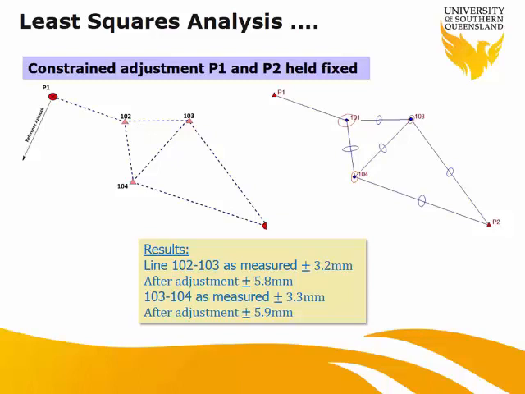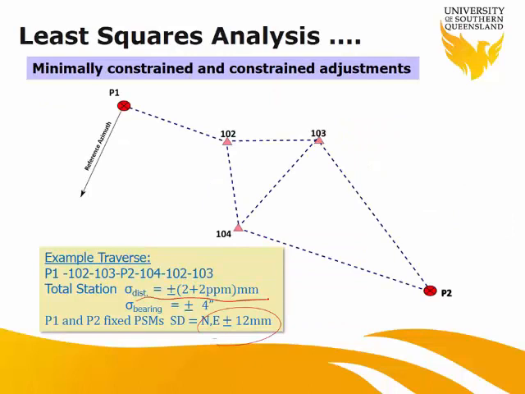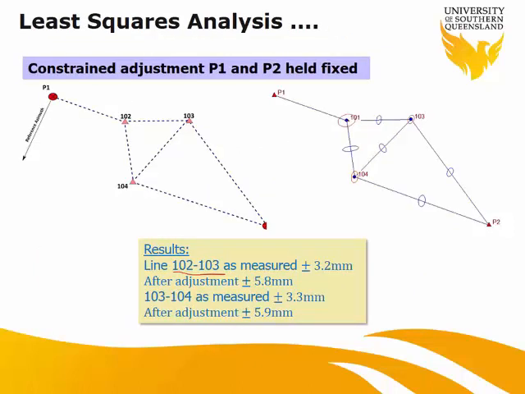If you measure, for example, 102 to 103, having said that, we have this accuracy here, 2 millimeter plus 2 ppm. For example, say the accuracy we measure is plus or minus 3.2 millimeter, but after adjustment you're going to have an accuracy of 5.8. Similar thing for 103 to 104. You can see the accuracy of the measured distance is better than the adjusted distance.